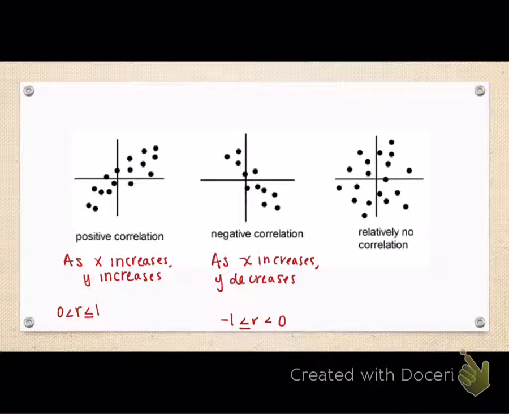So R will be between -1 and 0. The closer it is to -1, the more negatively correlated it is.